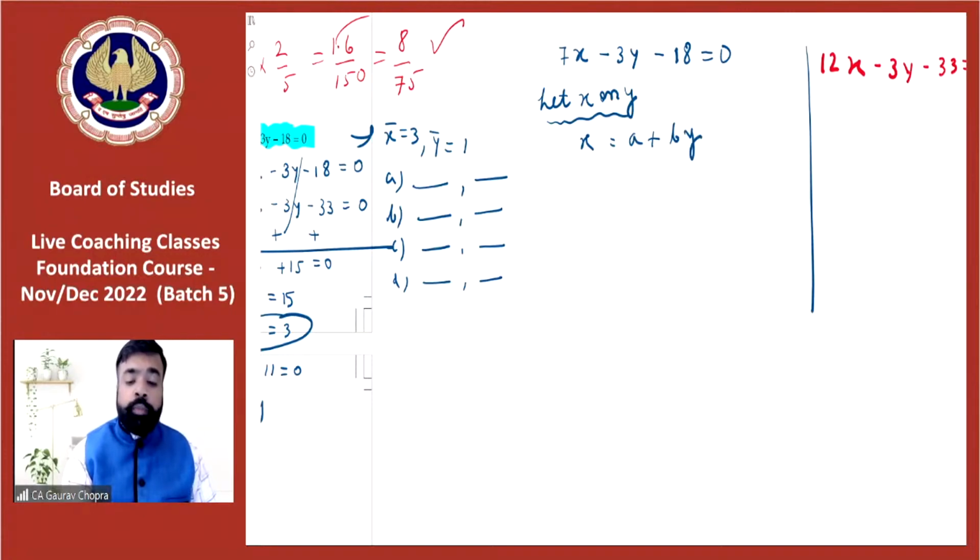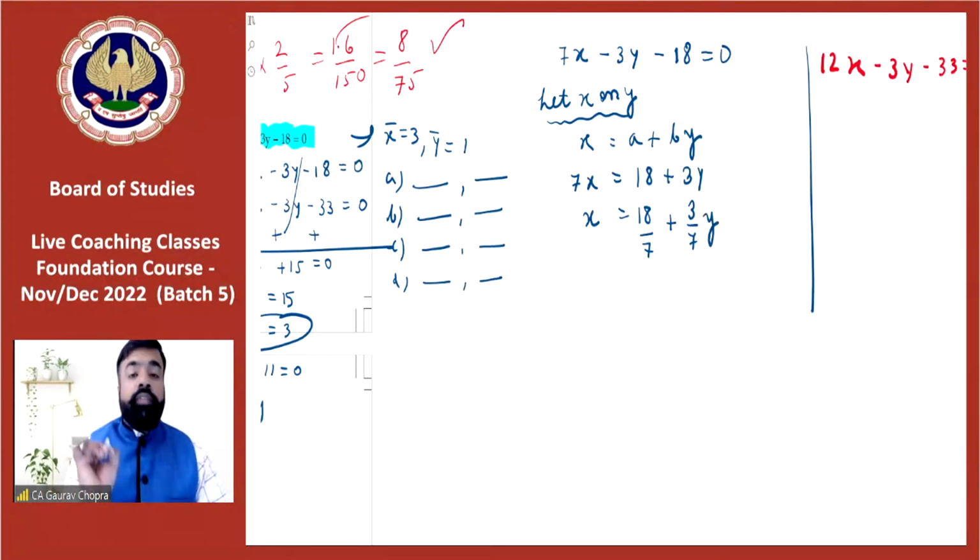So in this format, we have to arrange the given equation. So we can arrange here 7x is equal to 18 plus 3y. So x is equal to 18 upon 7 plus 3 upon 7 y. This is the equation.